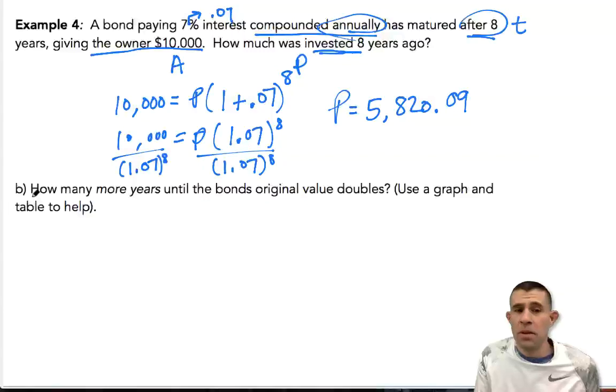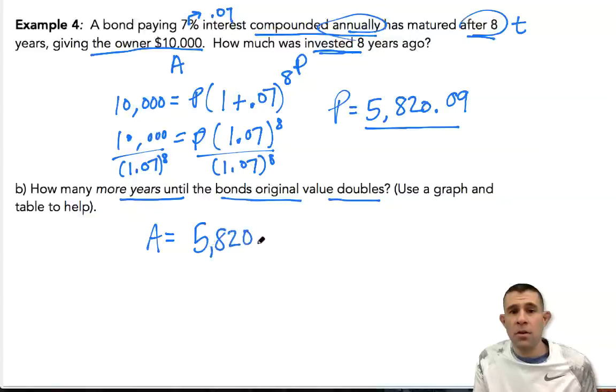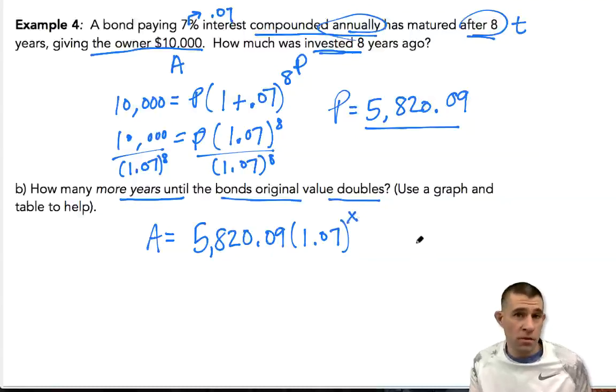Now, in part B, it says, how many more years until this bond's original value doubles? Well, you can see here our original bond was $5,820. So we can write the equation A is equal to 5,820.09 times 1.07, and now we can have a variable of x, and we can put this into our y equals on our graphing calculator.